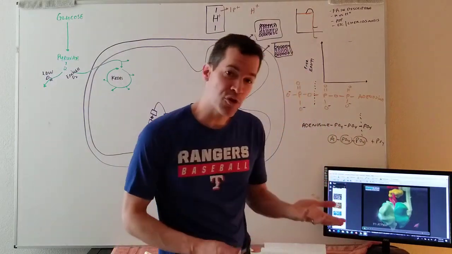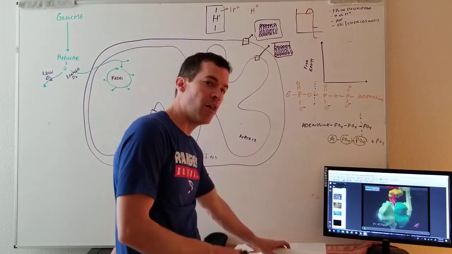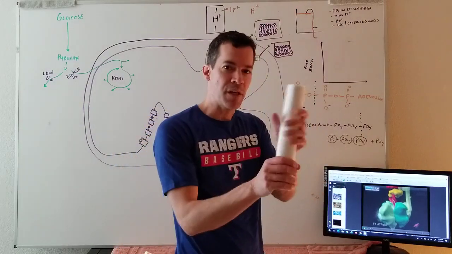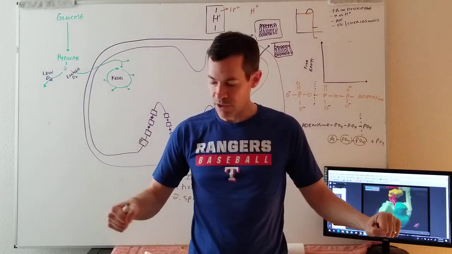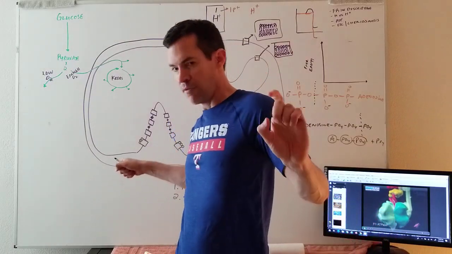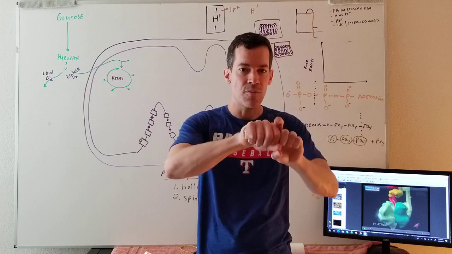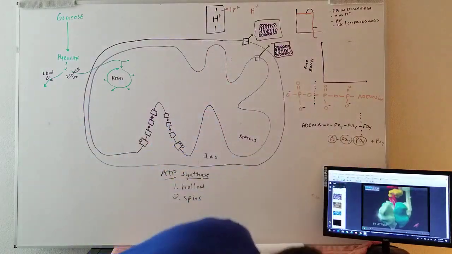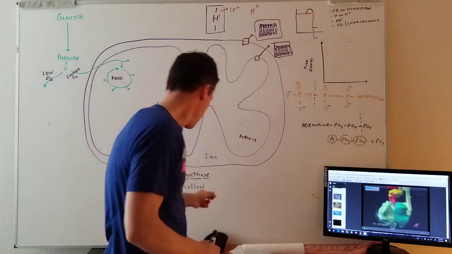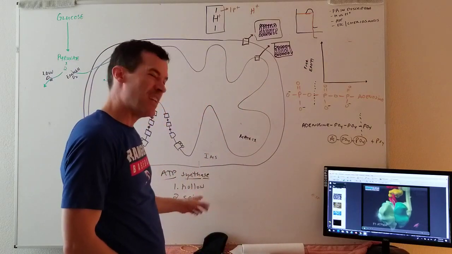So as something flows through me, protons, because I'm hollow, that'll make me spin, and as I spin, that gives me the energy to torque like this, ADP, phosphate, pow, I just made ATP. Give me another one, ADP and phosphate, pow. Okay, so it's hollow. Why is it hollow? It spins. Why does it spin?